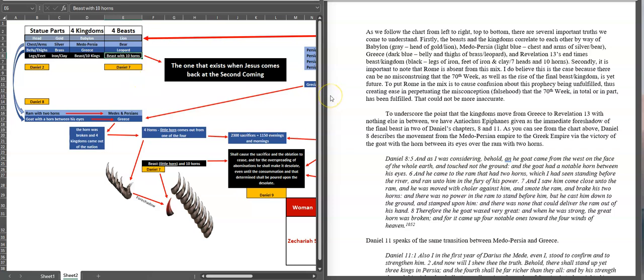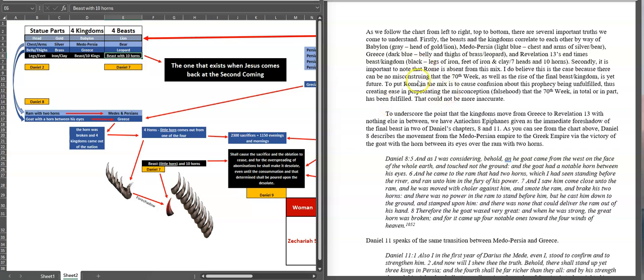This is a very important sticking point for a ton of people, believing that Rome has anything to do with either Nebuchadnezzar's statue or any of the beasts in Daniel's prophecies. And we'll go through how Rome does factor in, but it's minutely, and it's not in either of these chapters.